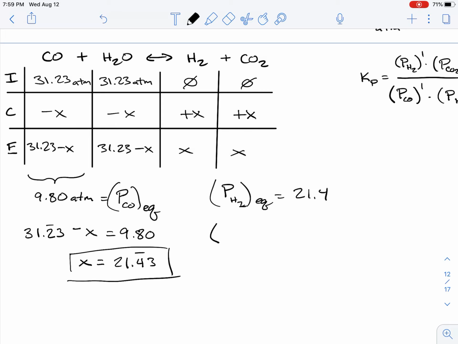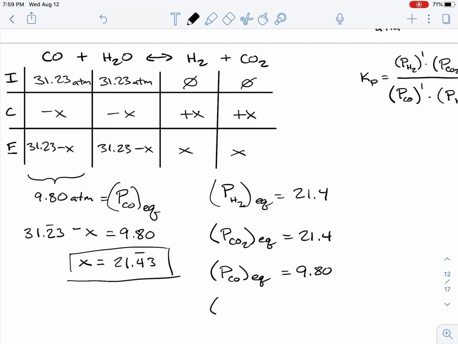The partial pressure of CO2 at equilibrium is going to be 21.4. The partial pressure of carbon monoxide, this was already given to us, that's going to be 9.80.